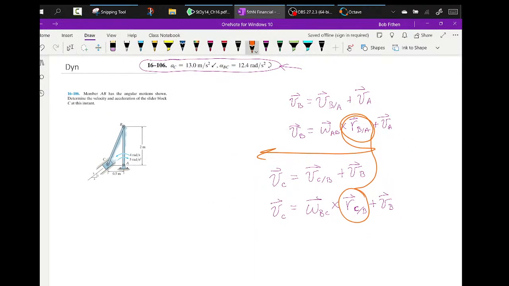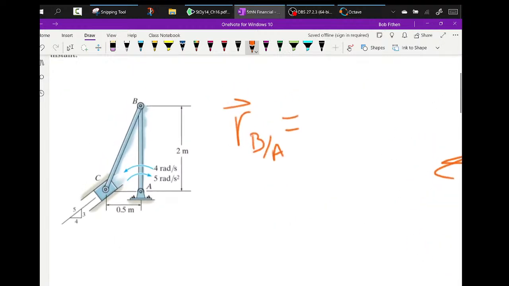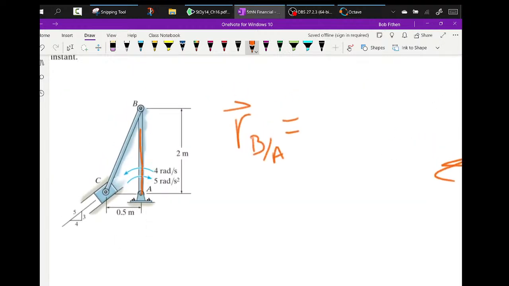A vector originating from A, R B A, originating from A and pointing to B. That is pretty simple. Originating from A, pointing to B is going to be 2J. That's it. Nothing more to it.